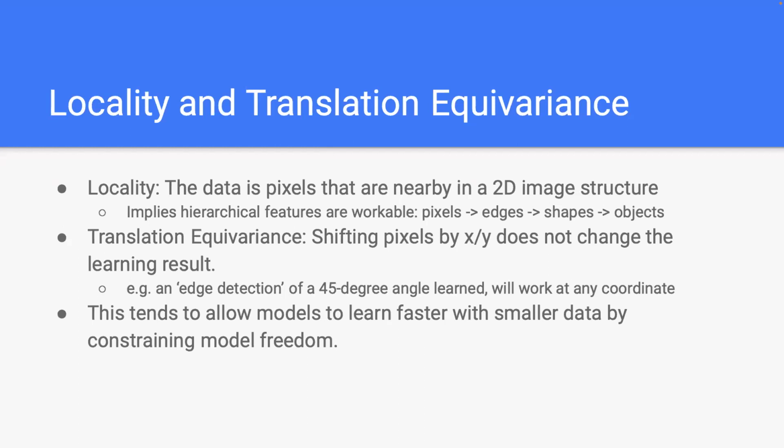That might seem obvious, right? But if you were looking at a Mercator projection of the Earth and you put a 45-degree angle on the globe, it won't be 45 degrees at the edges. It'll only be 45 degrees at the center of the Mercator projection. So that's an example of an assumption that a transformer wouldn't make, but CNNs basically do. And we want to try to put that back into the transformers.